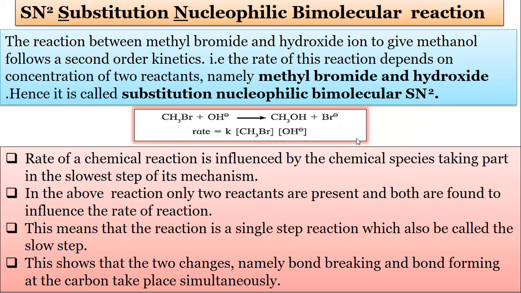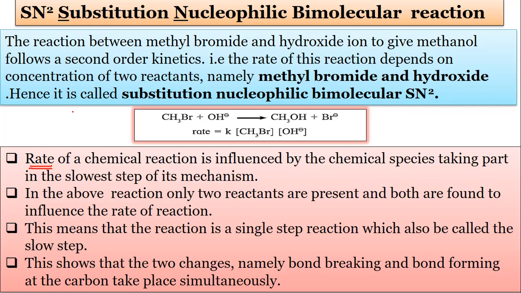Now, here it is given that the rate of a chemical reaction is influenced by the chemical species taking part in the slowest step of its mechanism. Actually this part is included in chapter number 6. The rate of chemical reaction, meaning the speed of chemical reaction, always depends upon the slow step.